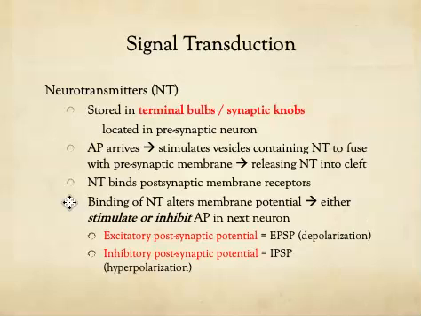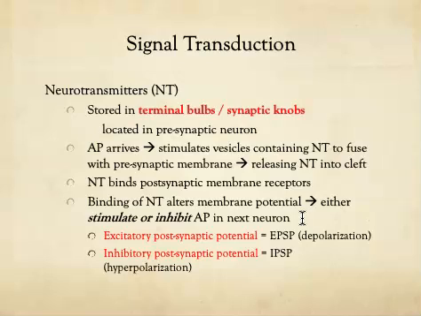And this interaction between the neurotransmitter and the receptor is going to do one of two things. It's either going to help generate an action potential on that postsynaptic membrane, or it's going to inhibit action potentials from being generated in that next neuron.